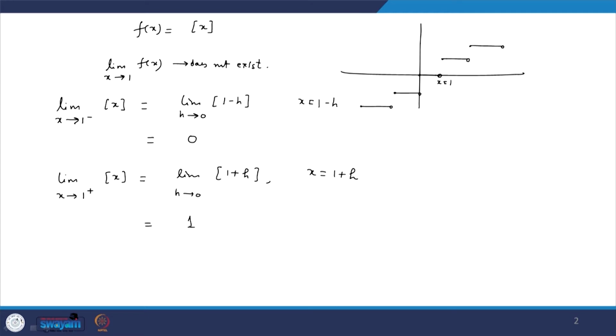So 0 is not equal to 1, which means this limit does not exist. The limit of a function means that when we approach the point from the left side and from the right side, the values should coincide. Then we can say the limit exists. If the values are not the same, we say the limit does not exist.